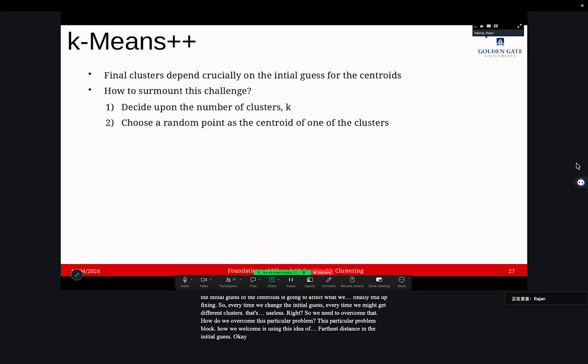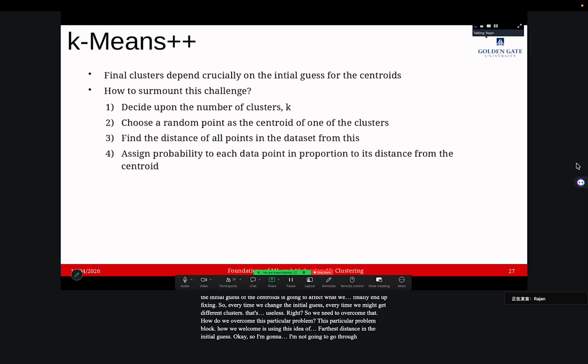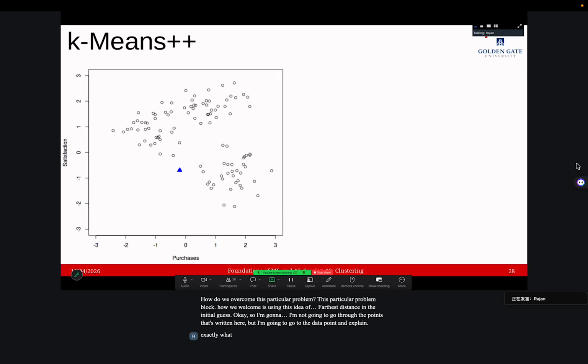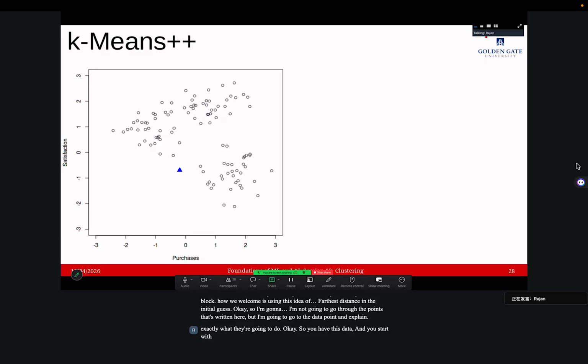Okay, so I'm not going to go through the points that are written here, but I'm going to go to the data point and explain exactly what we are going to do. So you have this data, and you start with one initial random guess, whatever it is. Let us say this is my initial random guess.